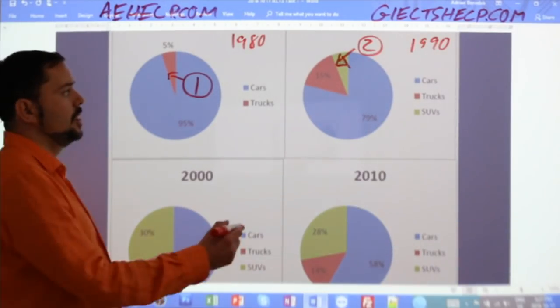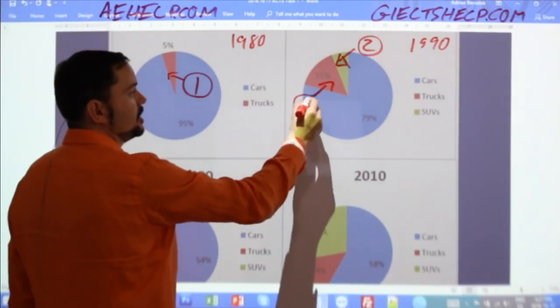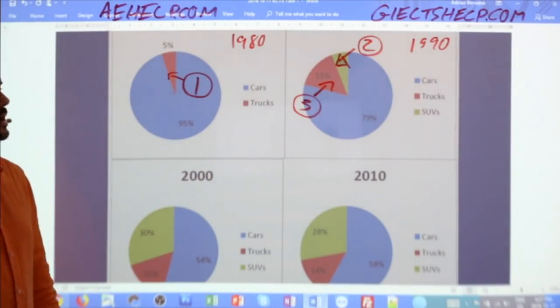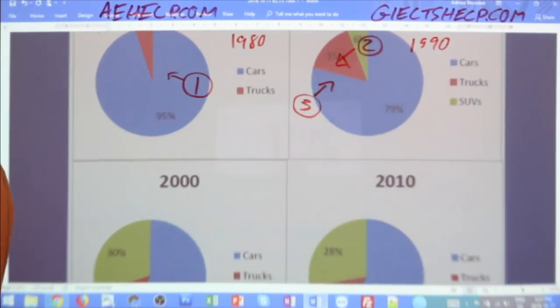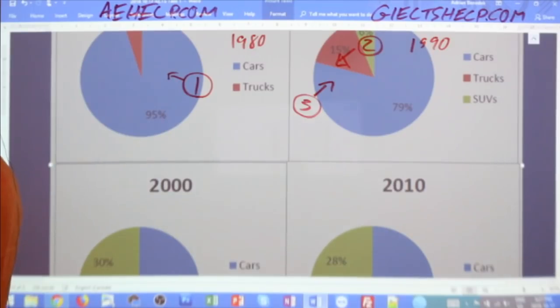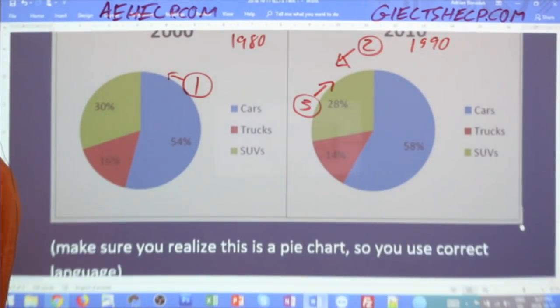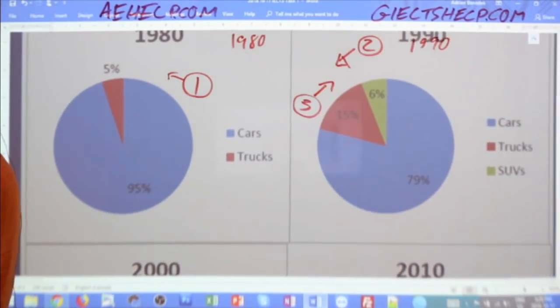Also, I might talk about, depending on how quick of a writer I am, the increase in the sale of trucks. How much did the sale of trucks increase? Let me enlarge that for you. So how much did the sale of trucks increase in 1990?